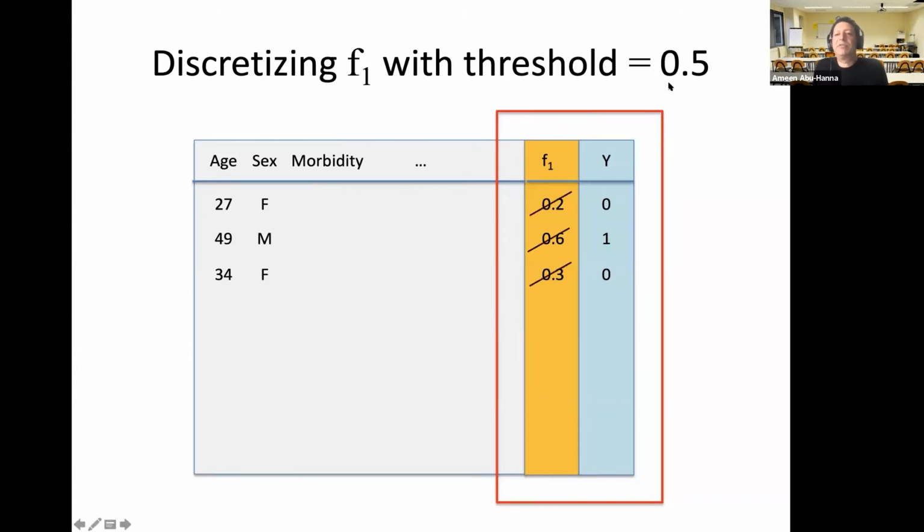So for example, if my threshold is half, everybody under half will be 0, and above half will be 1. So now I have two different columns. One is the predicted, so if you see y hat, it means the predicted binary outcome, and this is the true outcome.